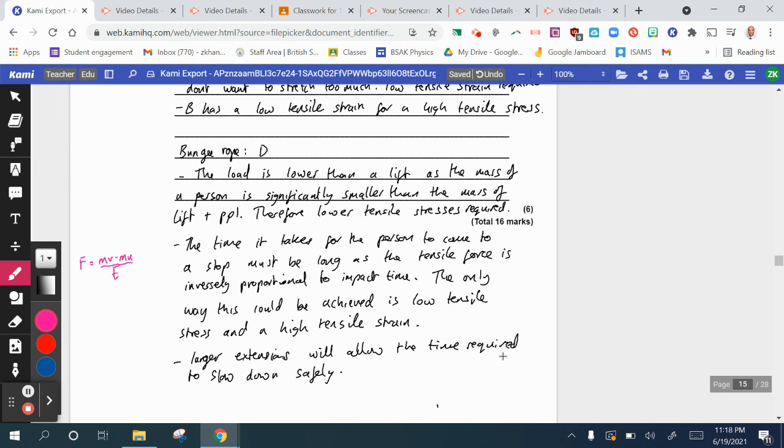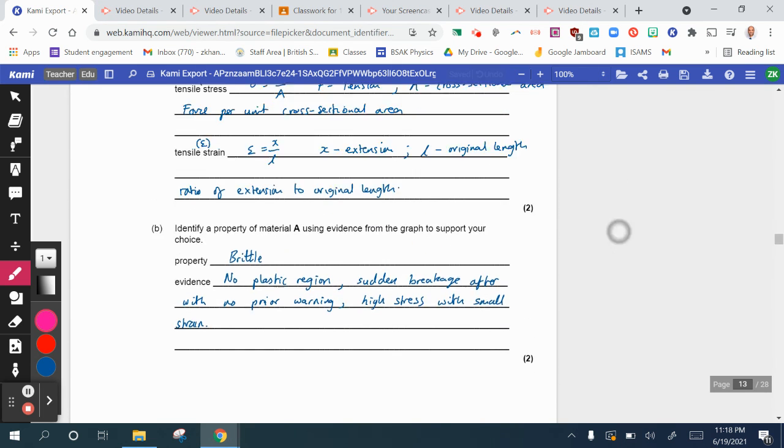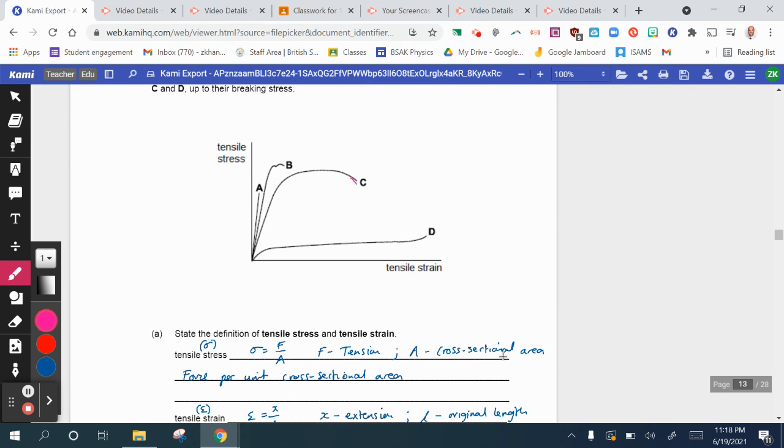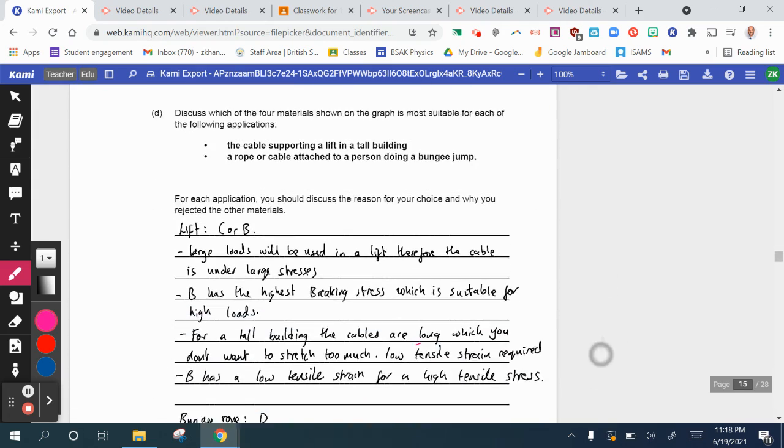So the only way to achieve this is low tensile stress and a high tensile strain. We want the rope to stretch, which means a large extension and therefore a large strain. So low stress, high strain: D is a good option for a bungee rope.